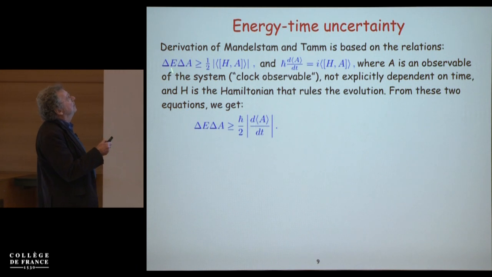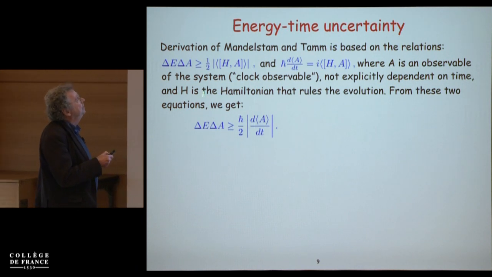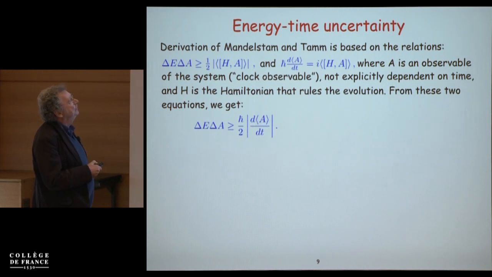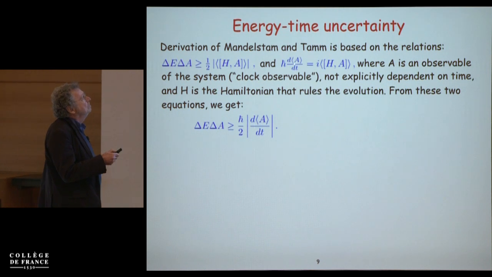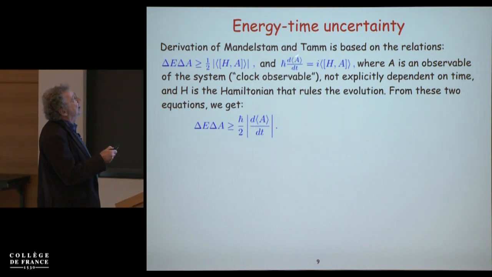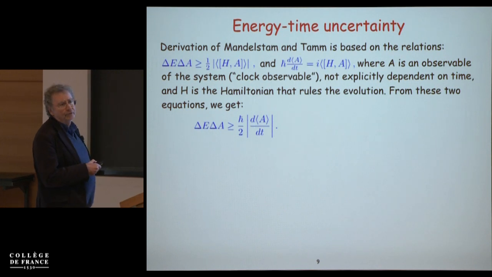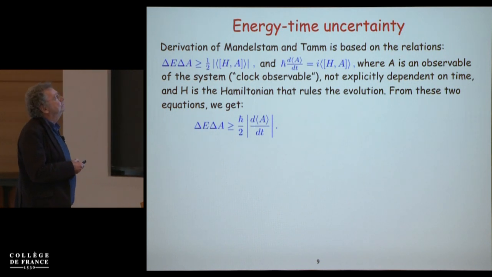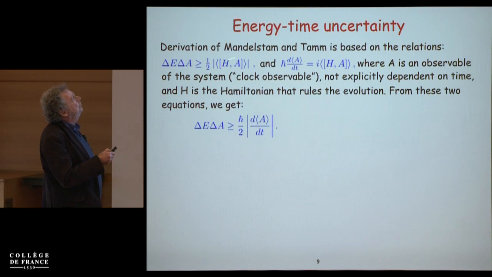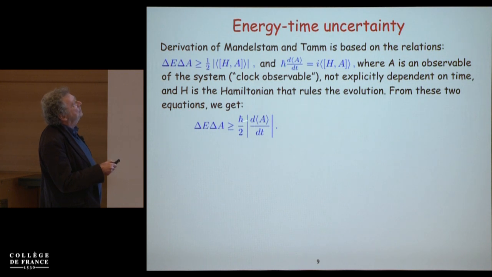So this product of standard deviations should be larger or equal than this term that depends on the commutator between the operator and the Hamiltonian of the system. One also knows that the derivative of the average of A with respect to time is given by this expression in terms of the commutator. And using these two relations, replacing this commutator by this derivative, we get to this expression here.